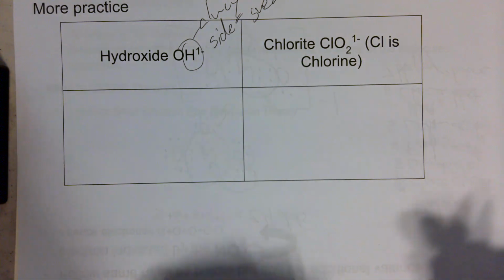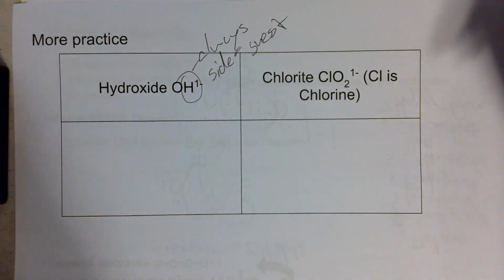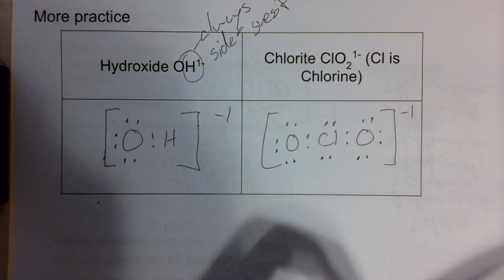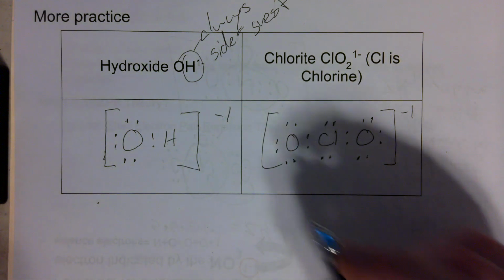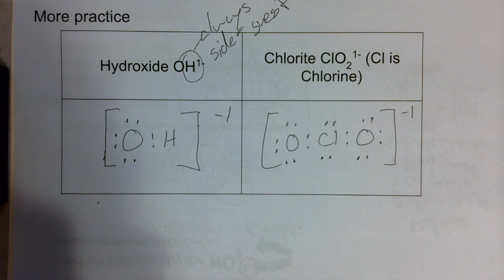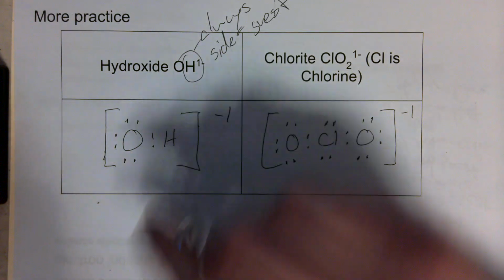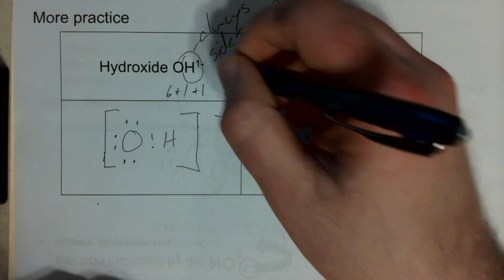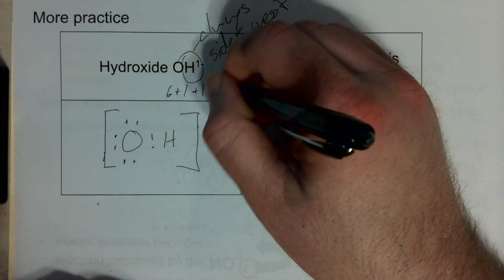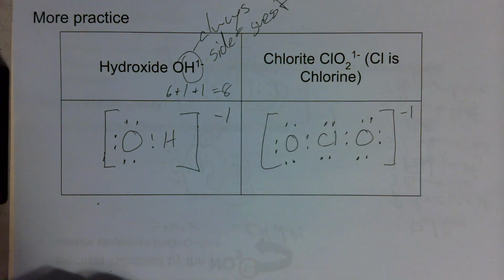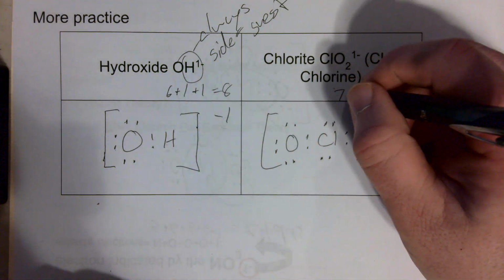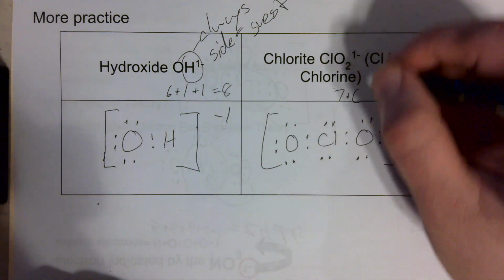So I'm going to hit the pause button here. I'm going to let you guys give it a shot, and I will unpause it in a second. Alright, back at it. We see that we have our structure here. We have 6 plus 1 plus 1 gives us a total of 6, 7, 8 dots we're using over here. And when we look at chlorite, 7 plus, there's 2 oxygens.